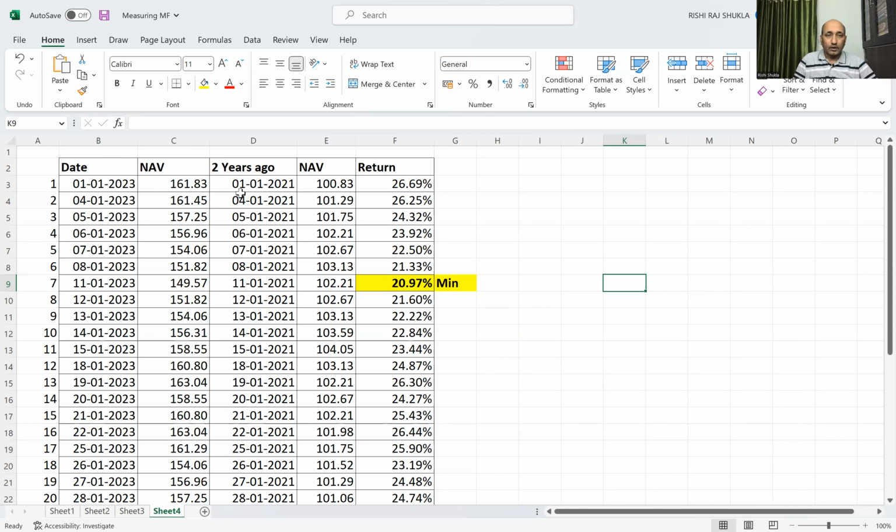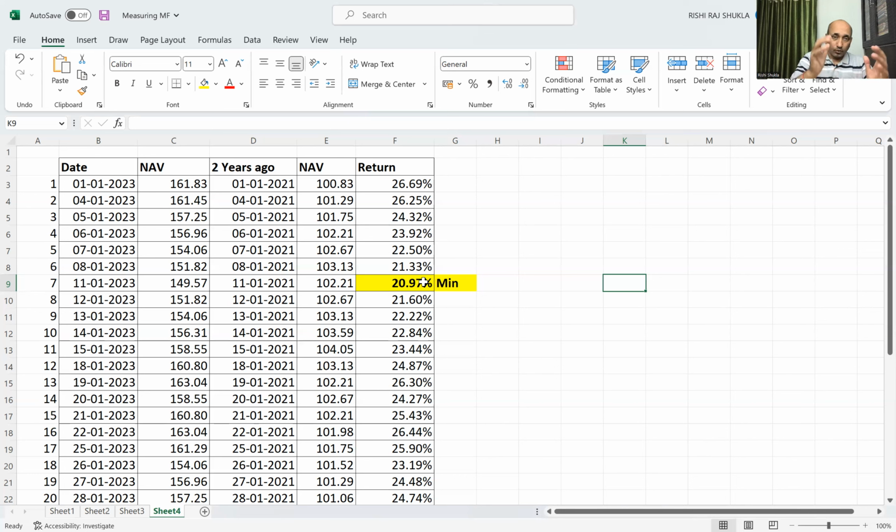If it is for the next working day, this 4th January, then this is 26.25, less than the first one. And maybe after 1 week, it is less than 24. So this is the variation. And some more days later, it is less than 21%. So there is so much variation we can see here. In actual, maybe more or less.